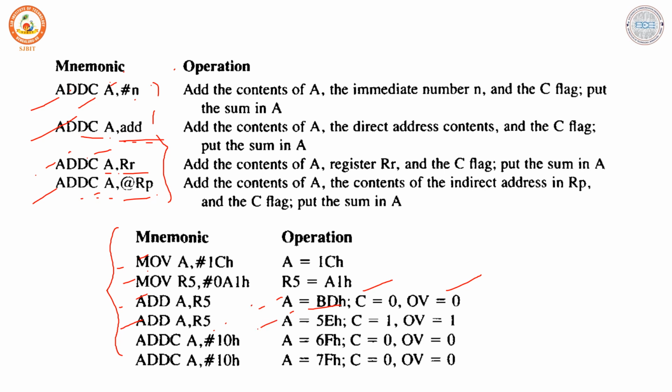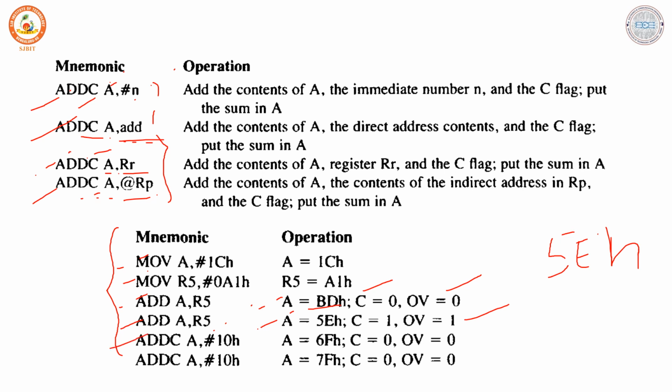The result will be 5EH. Here the carry flag is 1 and the overflow flag is 1. Now in this situation, for 5EH, the sign becomes negative. So in that situation the result will be displayed, and whatever result is stored in the accumulator will be modified.